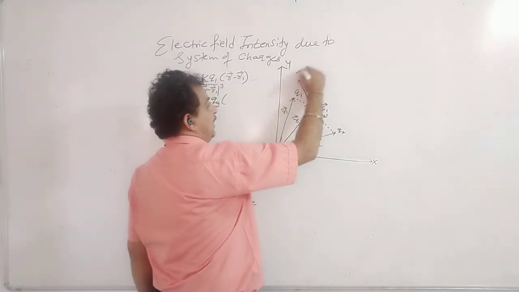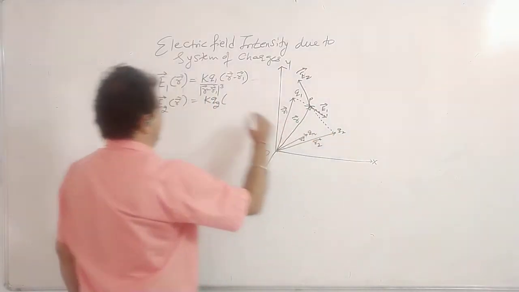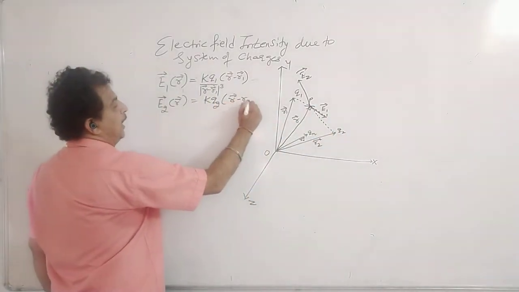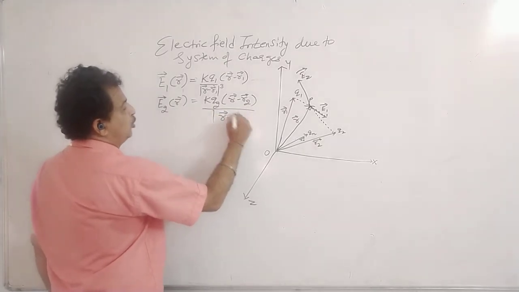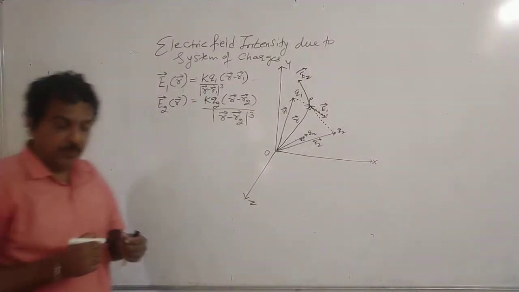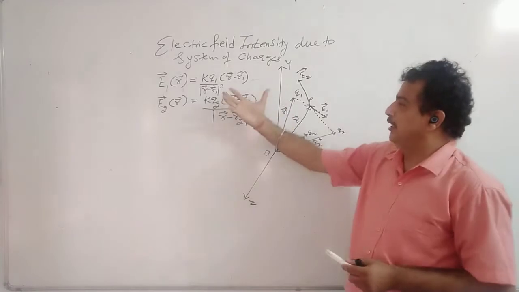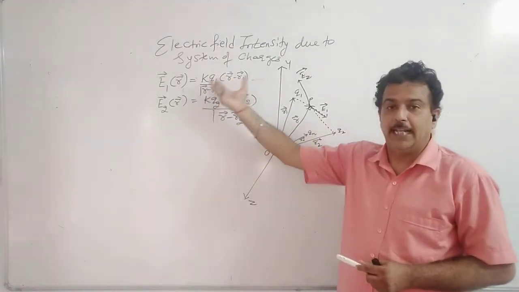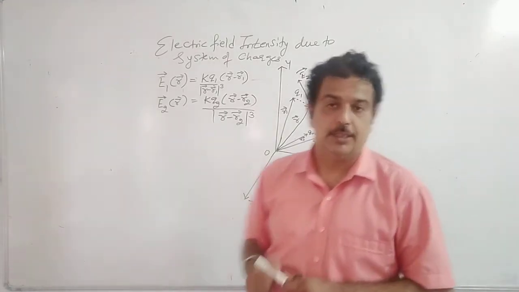So this is E2, and this distance is R minus R2 upon mod of R minus R2 cubed. So it is similar to the superposition principle, only the difference is that here we are using the formula of electric field intensity, while there we were using the Coulomb force.